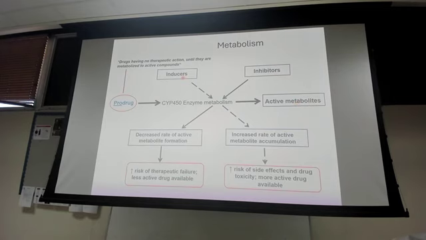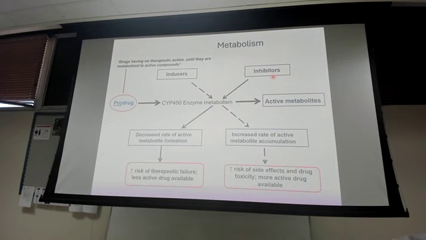So if I have an inducer, I have an increased rate in which I'm producing active metabolites. I turn it up. Therefore, now you're seeing the increased risk of side effects. You're seeing more of your active drug being available. Okay, so it's like the opposite.